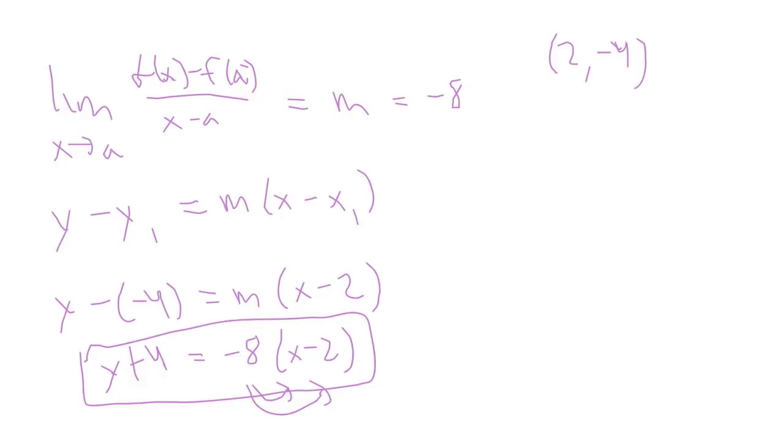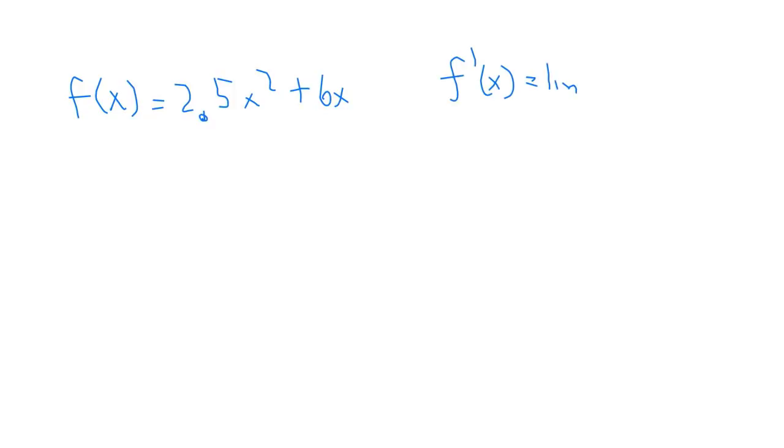And so the next problem is the derivative of a function. Let's see here. So that would be f of x equals 2.5 x squared plus 6x. And if you try to find the derivative of that, you want to use this derivative definition over h.